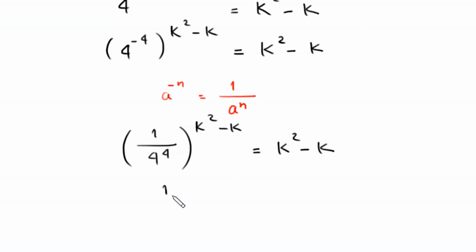Next, 1 divided by 4 to the power 4 will become 256 whole to the power k squared minus k is equal to k squared minus k.